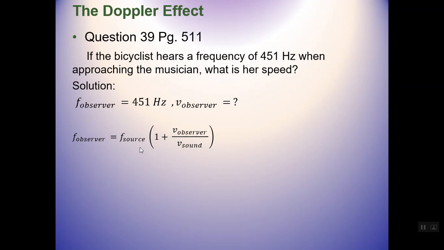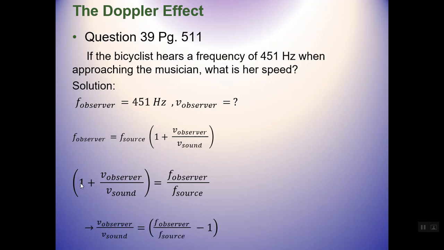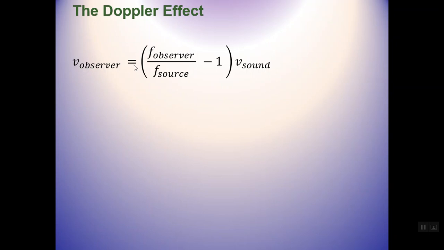First of all, divide both sides by F of the source. We get 1 plus V observer over V sound is equal to F observer over F source. And then move 1 to the other side. V observer over V sound is equal to F observer over F source minus 1. And we need to find V observer, so multiply both sides by V sound to get this form of equation: V observer is equal to F observer over F source minus 1, times V sound.